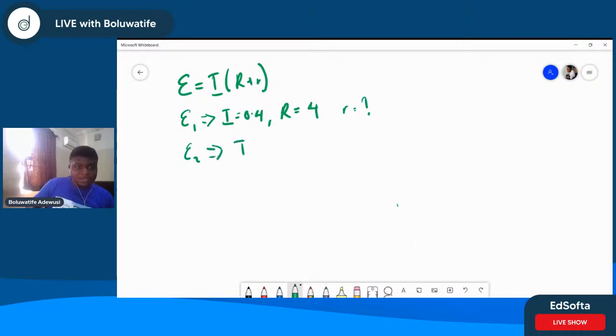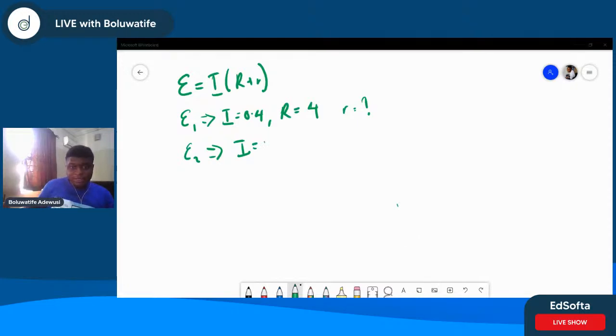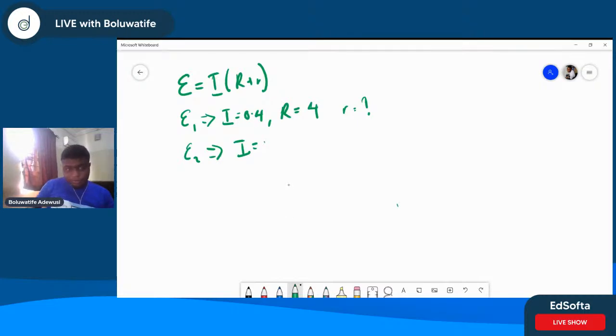And in the second case, my current is 0.2, and my resistance is 10, and we still don't know our internal resistance.